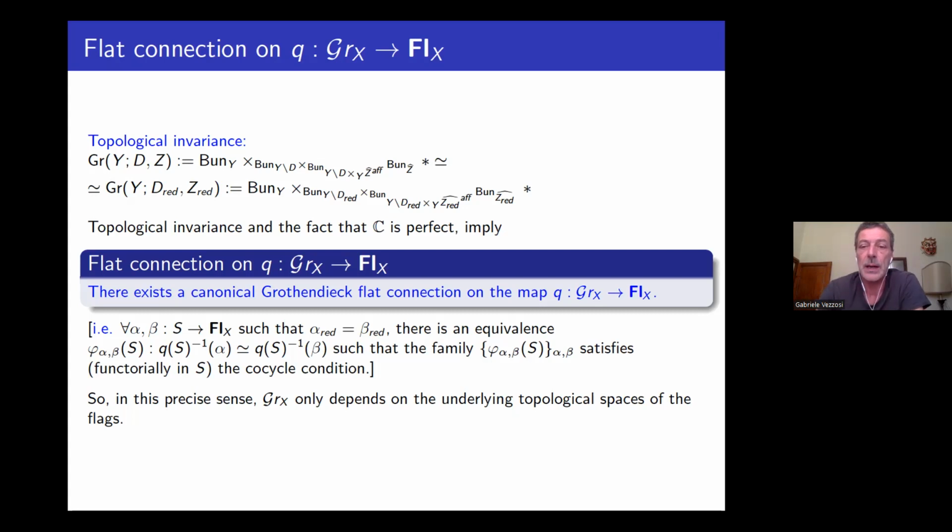It only depends on the underlying topological spaces of the flags. And this is also a feature that the affine Grassmannian has, the fact that there exists a canonical flat connection in the curve case. So we are basically recovering many of the known results in the curve case for surfaces with this new definition.